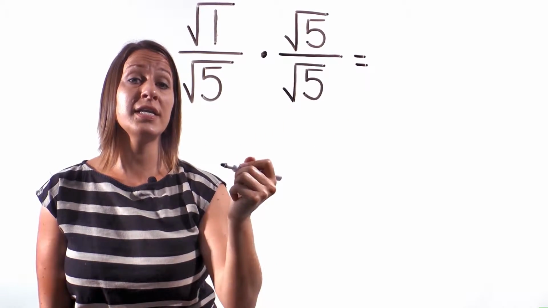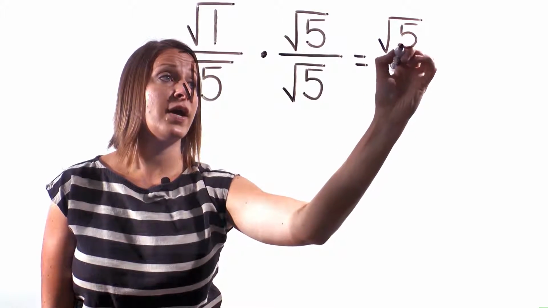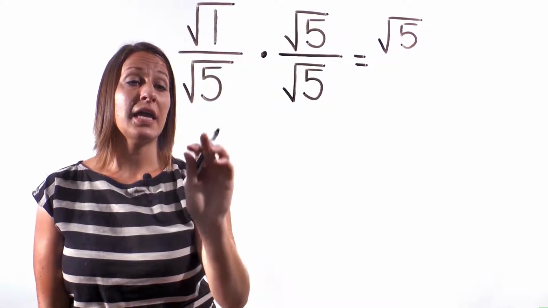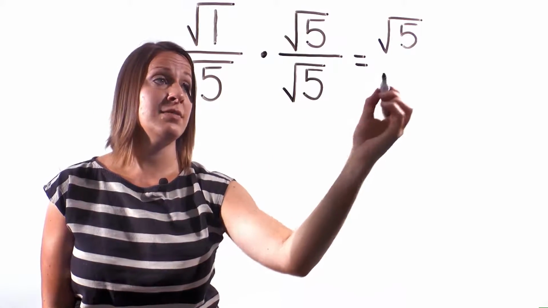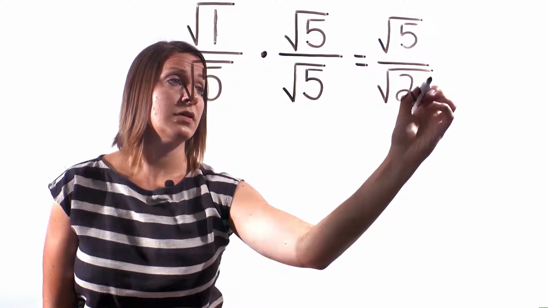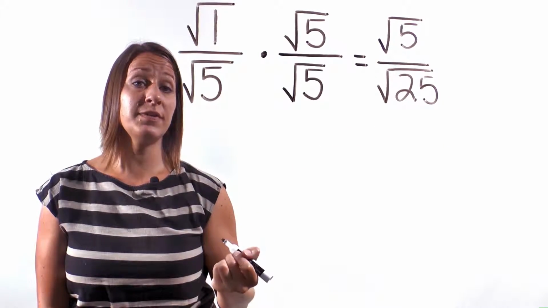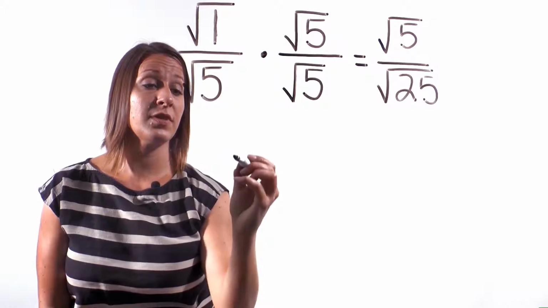So radical 1 times radical 5 is radical 5, and radical 5 times radical 5 is radical 25.